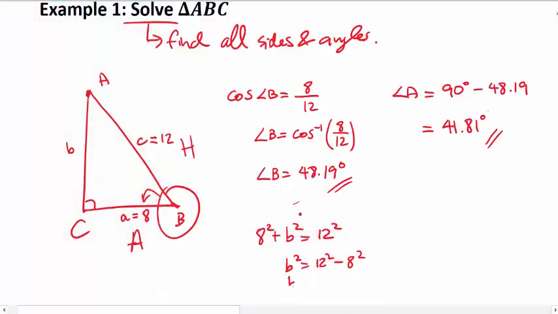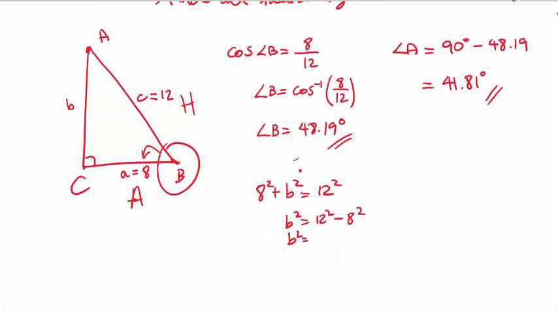And then you get b squared is equal to, alright, so this is 80. So b is square root both sides, so b equals 8.94. Now let's try the other way. Actually, let's not.